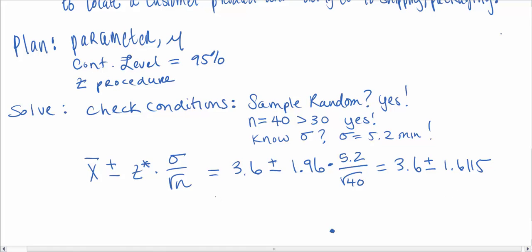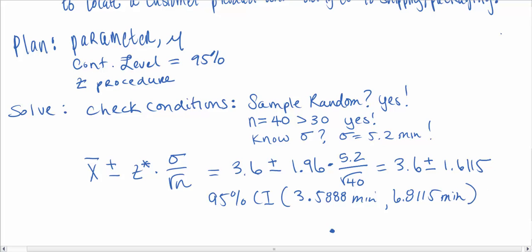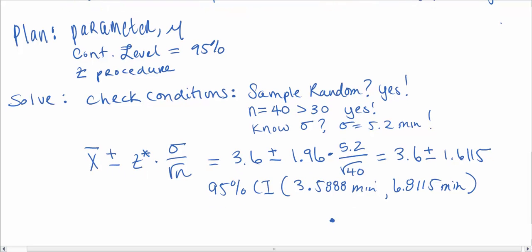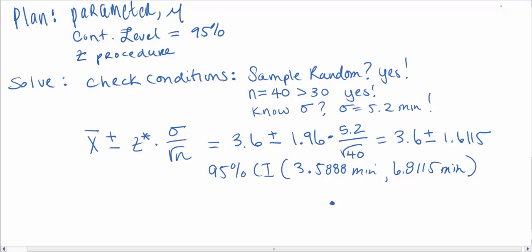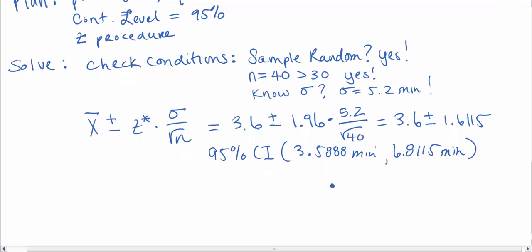This means that we have a 95% confidence interval between 3.5888 minutes and 6.8115 minutes. Now in my write-up or my conclusion, I'm probably going to round that down to fewer decimal places because it just doesn't make sense to go out 4 decimal places for minutes.